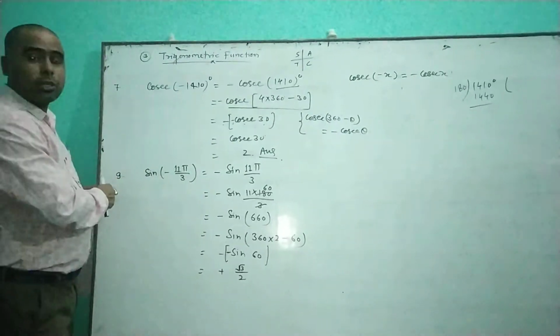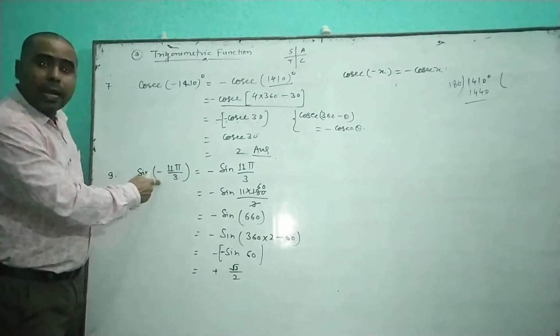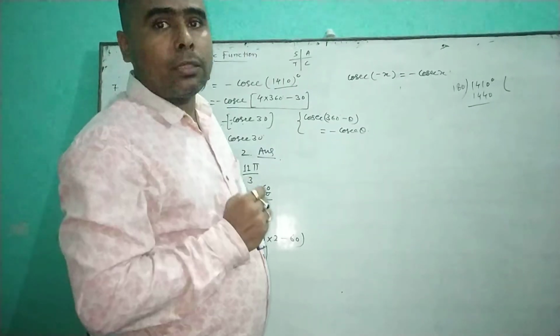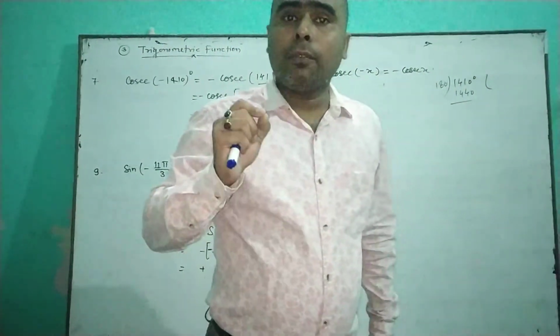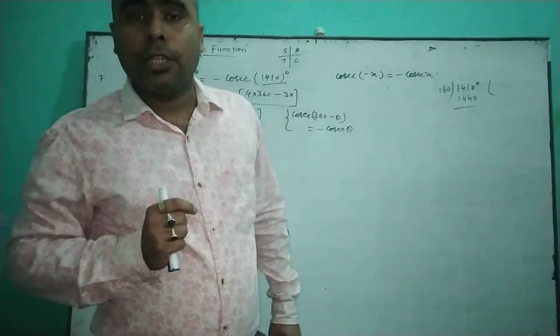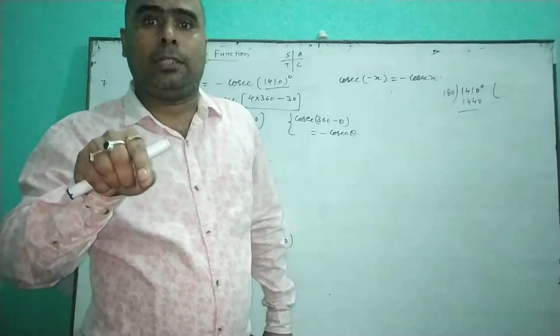Now see here in question number 9: sine of minus 11 pi by 3. Now we know that the value of pi is 22 by 7. But in a triangle we study that the sum of three angles is 180, and that 180 is pi.